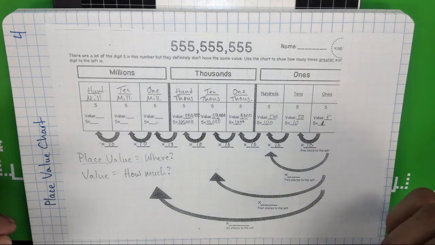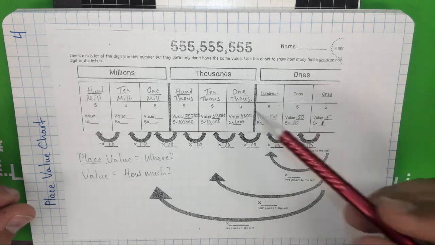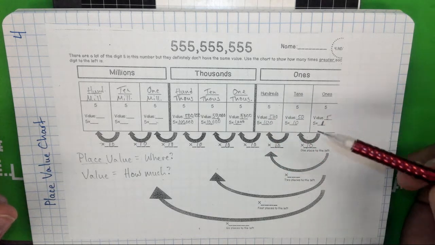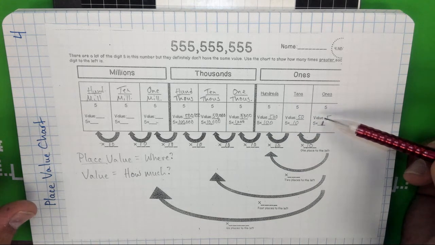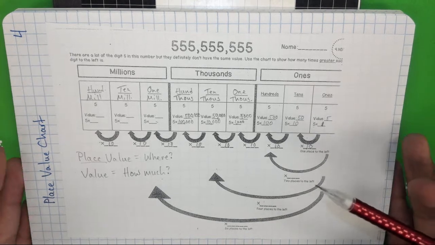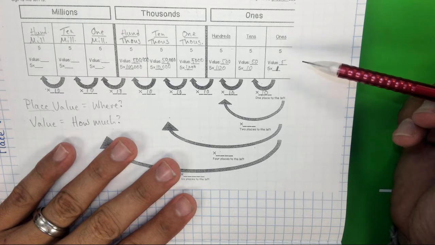The next concept that we've been teaching is crucial to understanding the relationship between each place value. And that is that the next place value larger is 10 times greater than the one previous to it. So let me explain that a little bit more. Let's take, for example, the ones place.